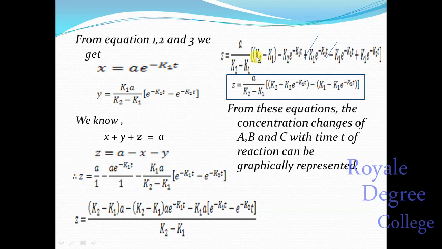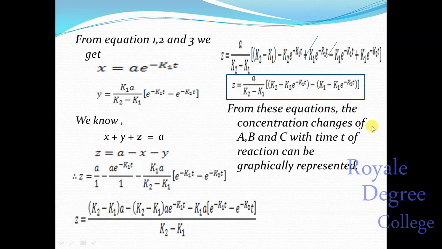See the next step: k2, then minus k2 e to the power minus k1t, that we write. Then this minus we keep. Then here k1 we bring to the same side, that is k1, then minus k1 e to the power minus k2t. That one we are writing.